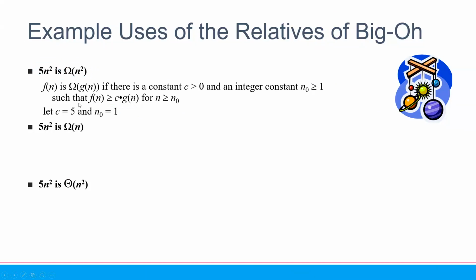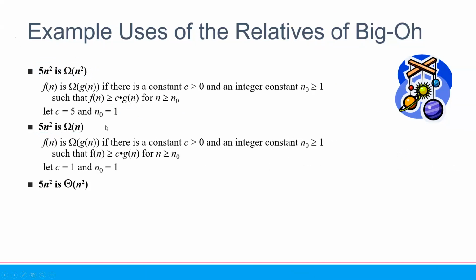The second one, 5n^2 is big omega of n. Then it is still true. You can try with this mathematical notation and find a proof, and there will be a proof with C equals 1 and n0 equals 1.